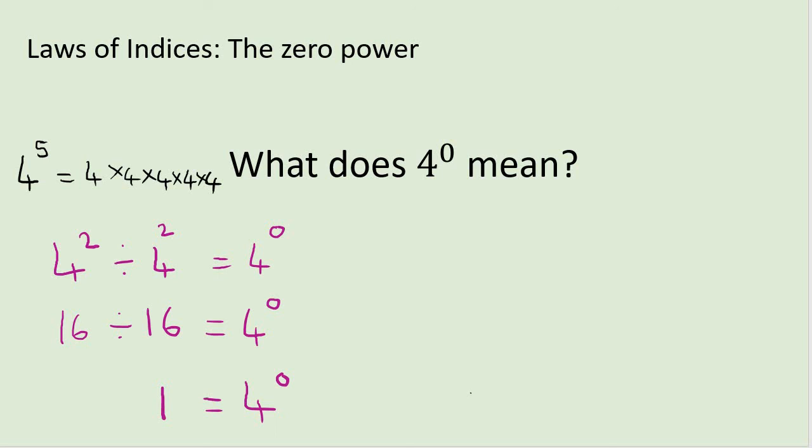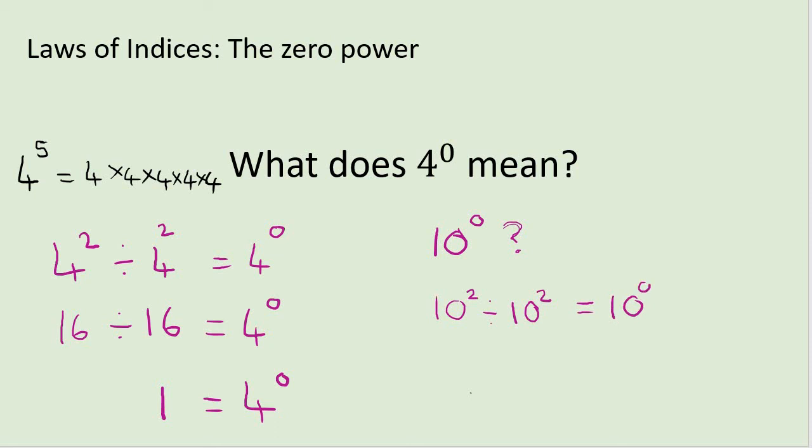But what does it mean, say, if I now look at 10 to the power of 0? What does 10 to the power of 0 equal? I'm just going to argue it in exactly the same way as we did with 4. So let's look at 10 squared. And I'm going to divide it by 10 squared.